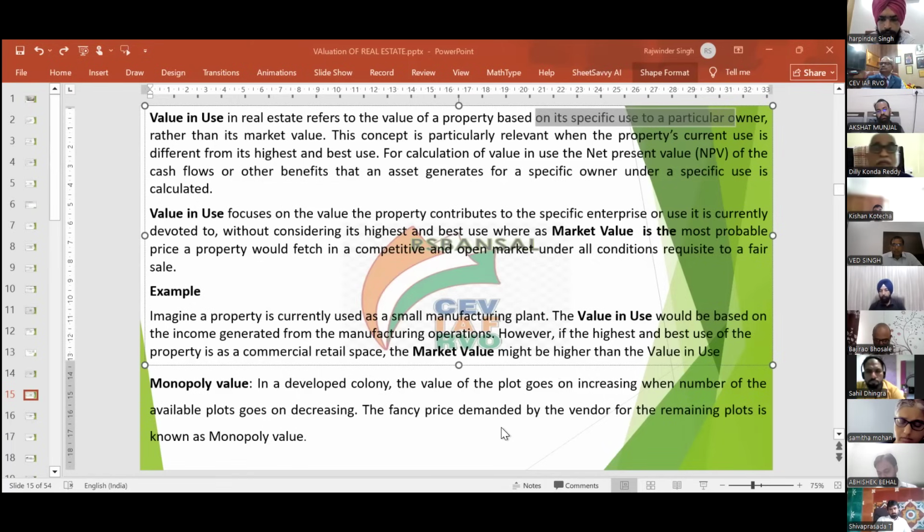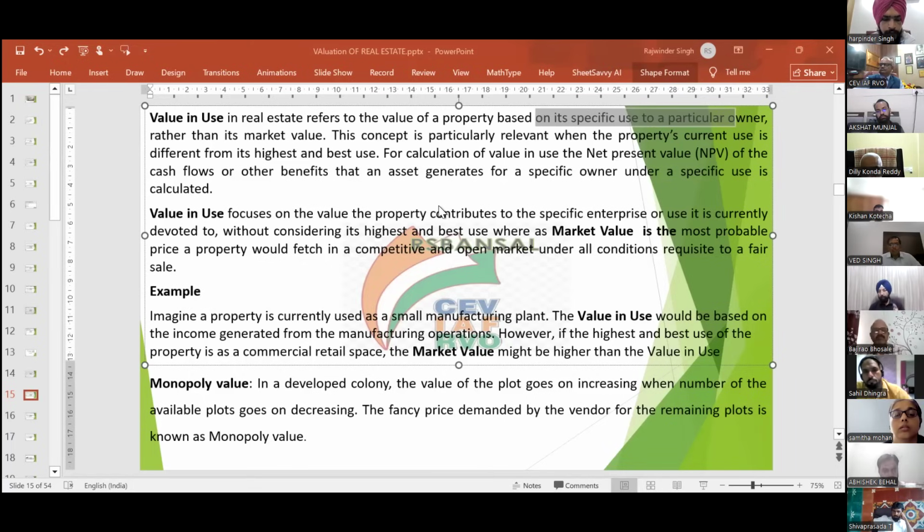Next is monopoly value. Monopoly means, let us suppose I have a plot in a posh locality where all the plots have been converted into buildings. There is only one plot available.